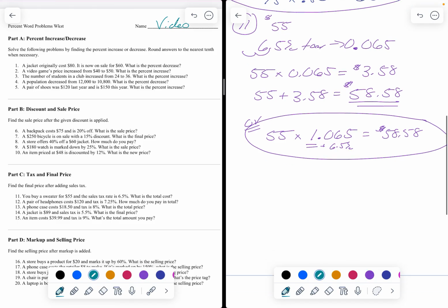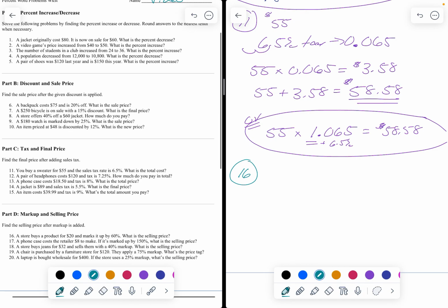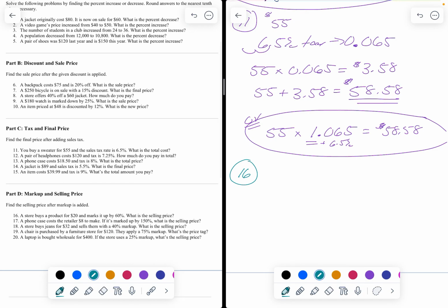Finally, number 16, we're going to do that one. A store buys a product for $20 and marks it up 60%. So it's an increase of 60%. What is the selling price? Well, again, we could do it this way.